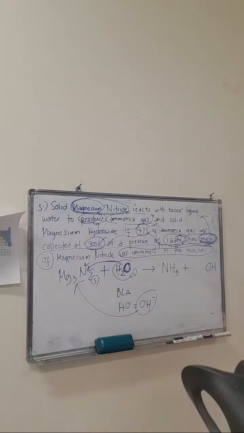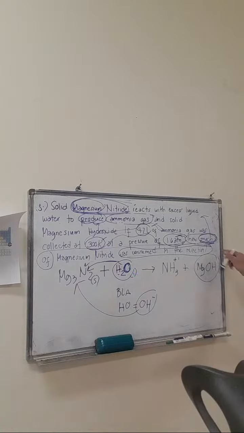Double displacement chemical reaction combined with the concept of Bronsted-Lowry acid and base. Now attach the magnesium here. Since this is ammonia, there is a positive charge here, meaning ammonia is the conjugate acid. And here there's no charge anymore, it is neutral. Magnesium hydroxide. Check the charges.